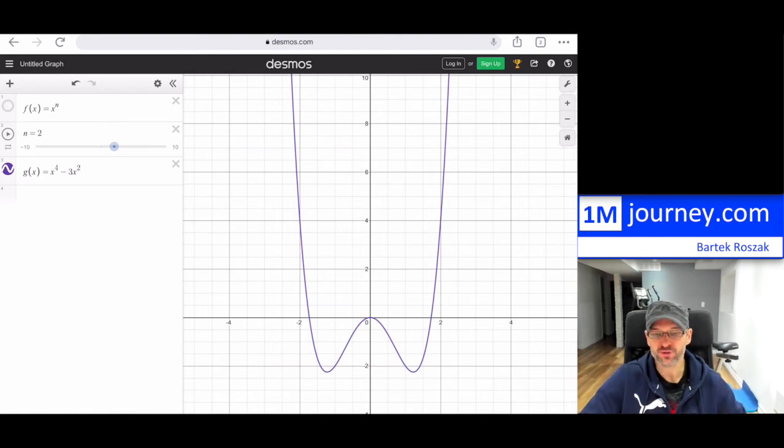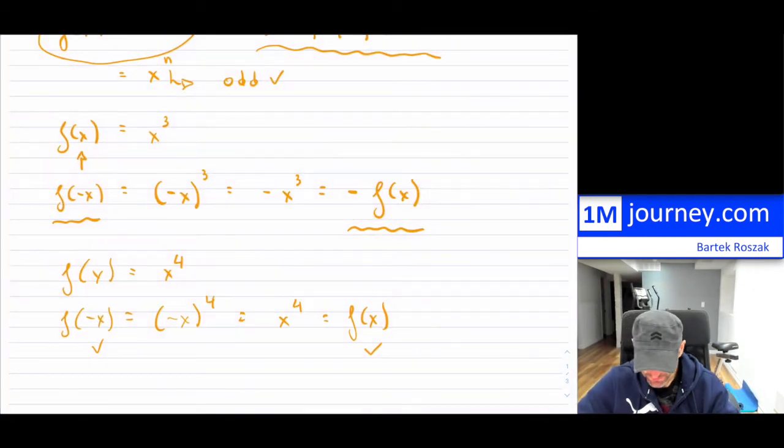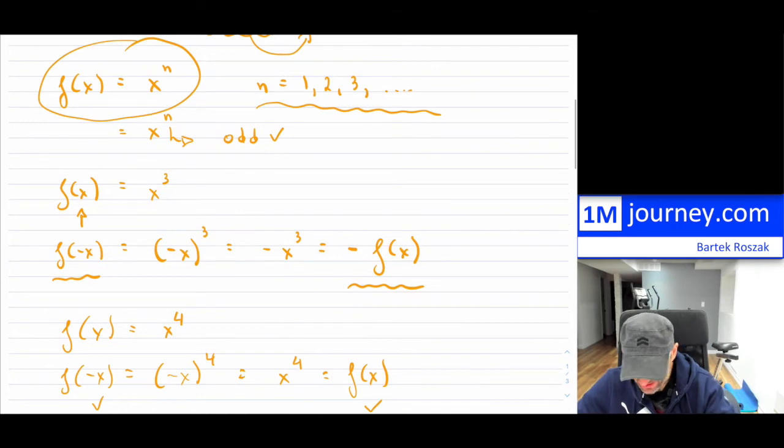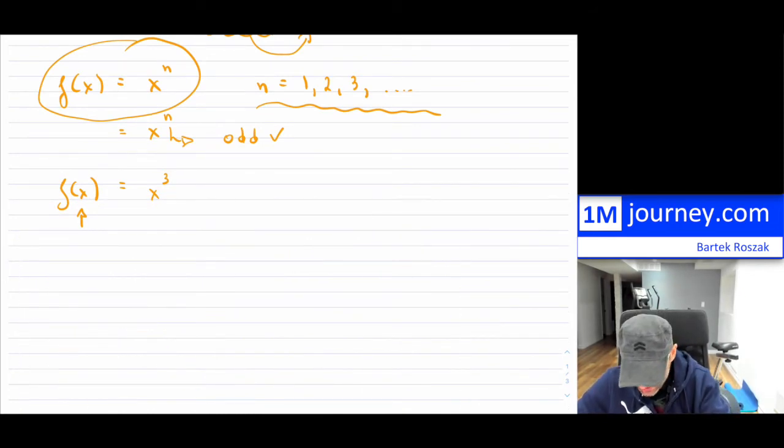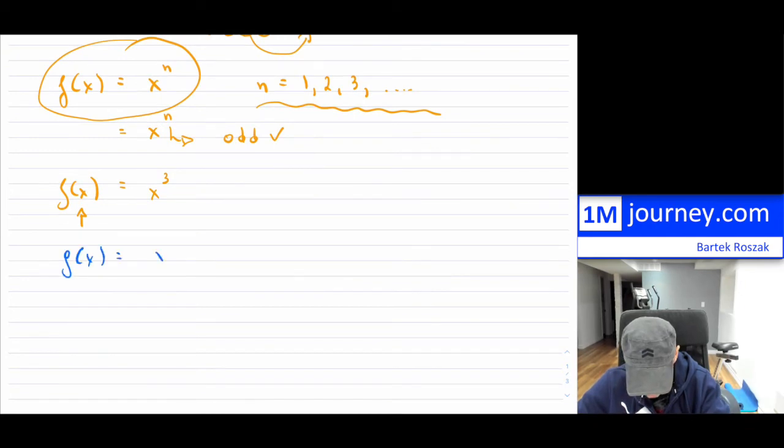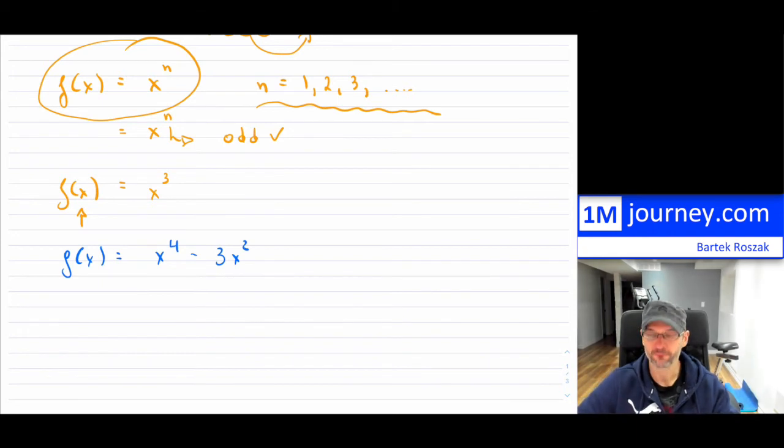So what would we have to do to test if this was even? Well, our test, so let's see if I remember this. So if I take this, let me remove this junk. So if I take this, and let's say, so our new one, well, I called it g of x. So let me do that. Right, the g of x is equal to, I think it was x to the 4 minus 3x squared. Okay? So that's g of x, right?